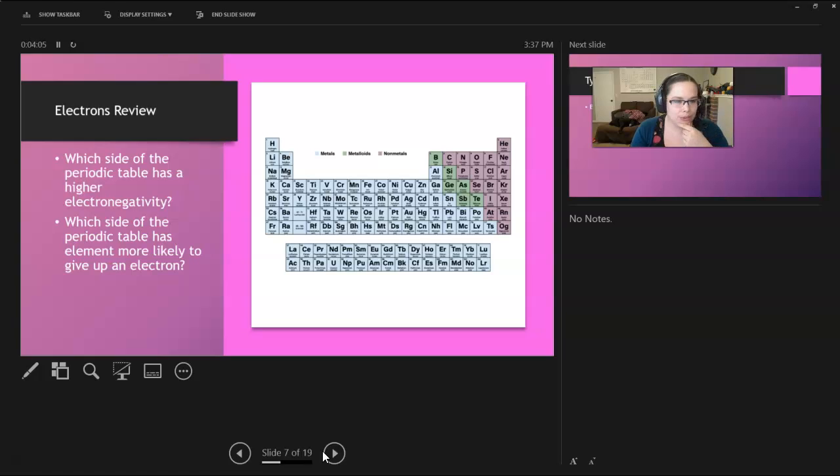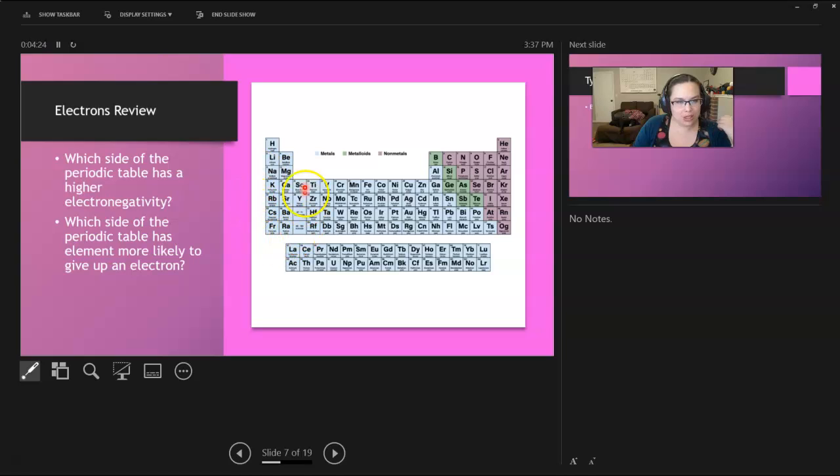As a review, try to remember which side of our periodic table is more electronegative. Nonmetals are more electronegative, meaning they pull electrons from other atoms.